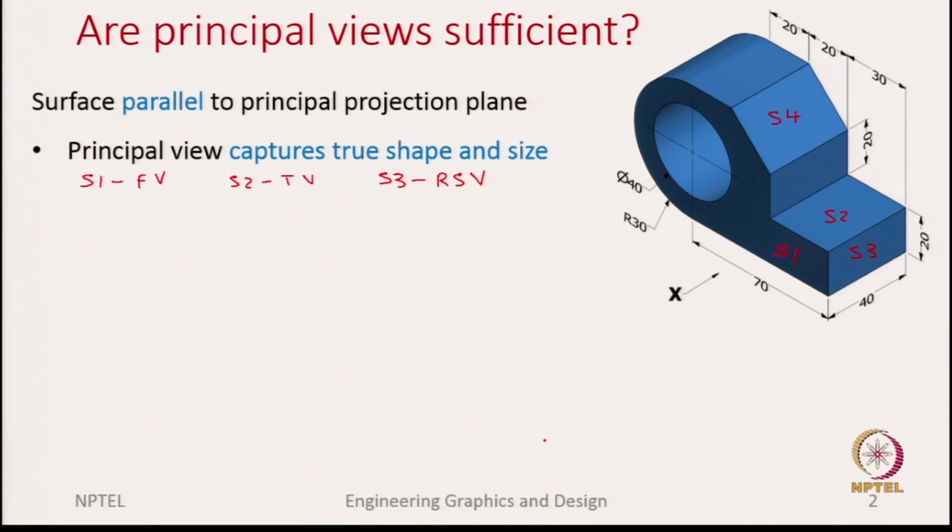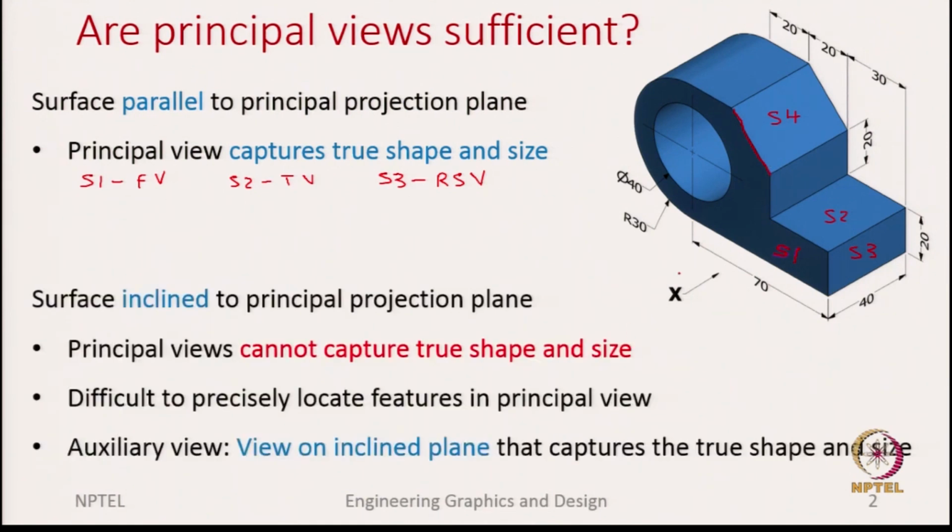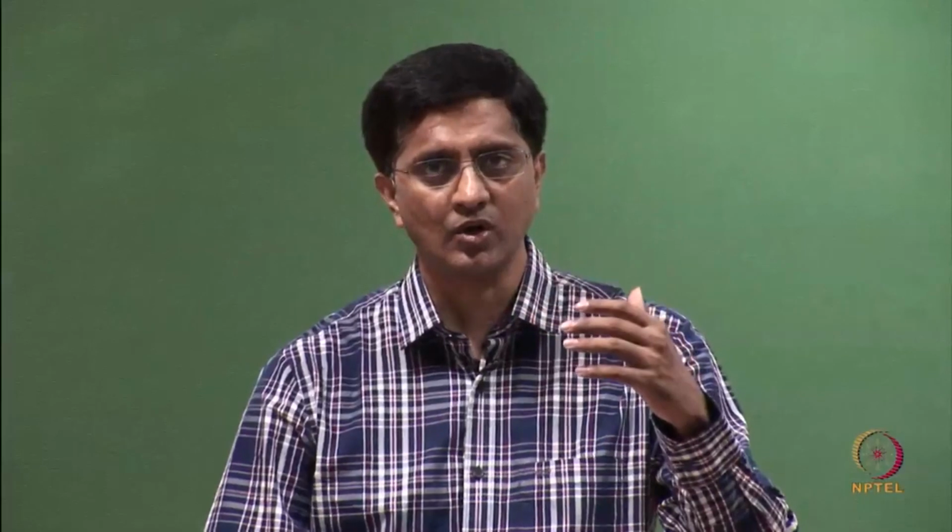What do we see of S4 in the three principal views, which are the front view, top view and the side view? In the front view, what we see is only an edge. We will be able to see this edge of it, and in the front view the area we see is foreshortened. What it means is, what you see is smaller than the actual object.